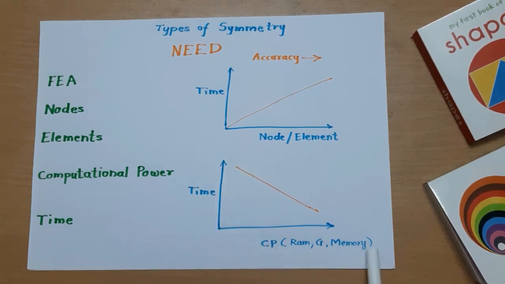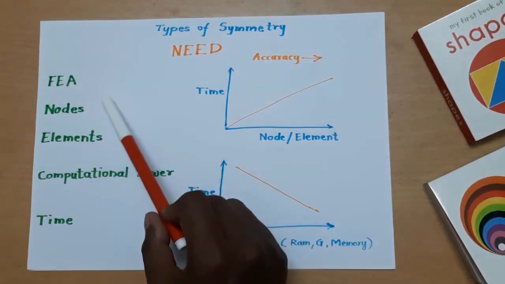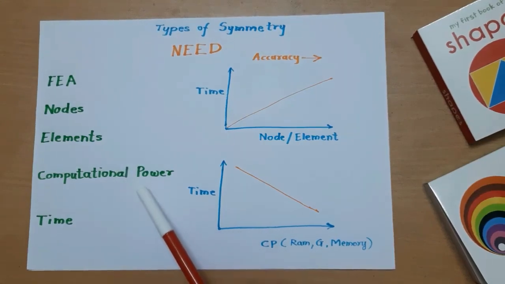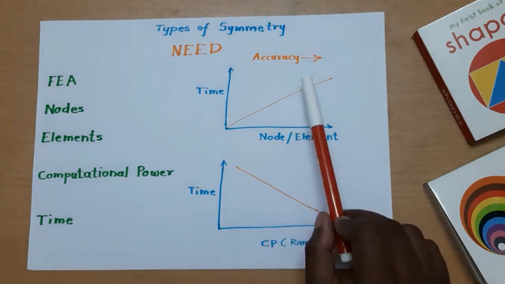If we have good RAM, good memory and good configuration, the time required is very less. So ultimately, in an FEA problem, along with the number of nodes, number of elements and computational power, we have to consider the time. We want to get the solution in less time with higher accuracy.